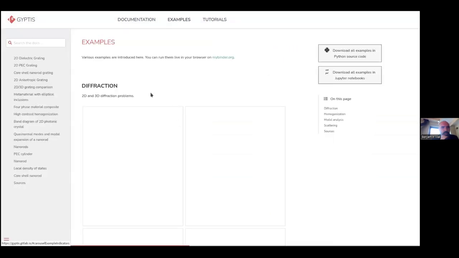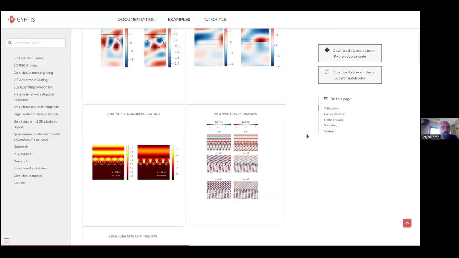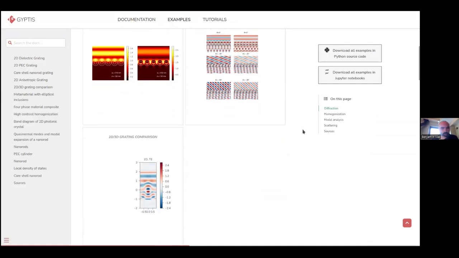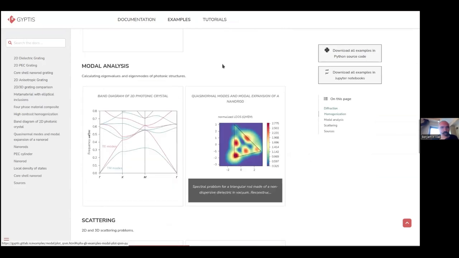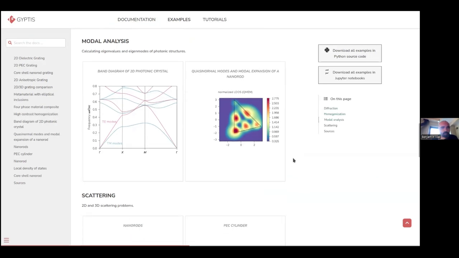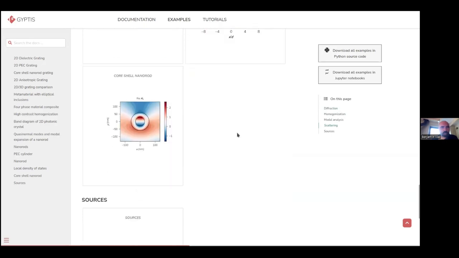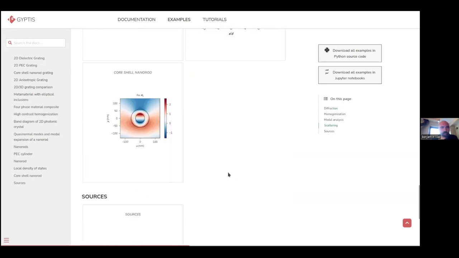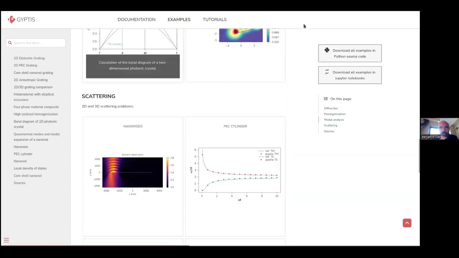For example, you can do dielectric gratings, perfectly conducting gratings, so periodic problems in 2D and 3D. Some homogenization procedure if you want to calculate effective indices, modal analysis and computation of quasi-normal modes for periodic and non-periodic problems, scattering, and various calculations of local density of states, with user-friendly interfaces to be able to define all of this.